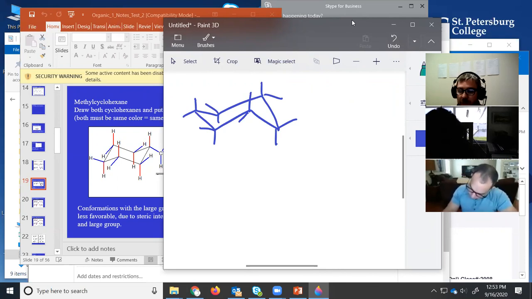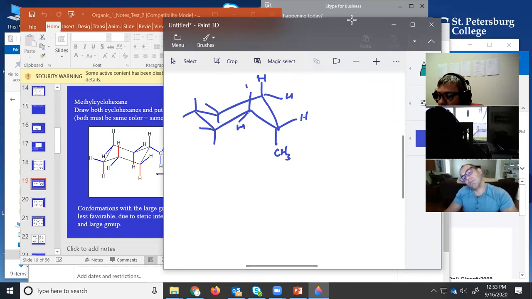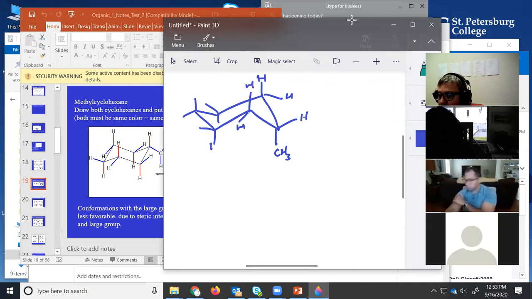I'll put the methyl group down here and put hydrogens here. So we can just write CH3 and be fine. We don't need to write all the hydrogens off of it. We're only interested really in what's connected to the ring here. The other hydrogens are important though. Now, you'll notice here the methyl group is axial.